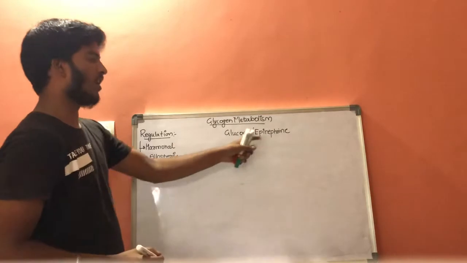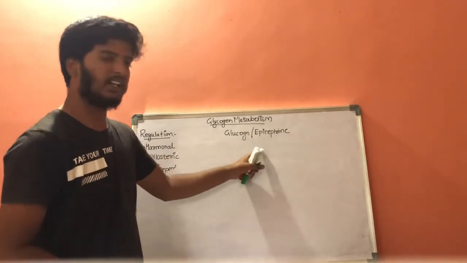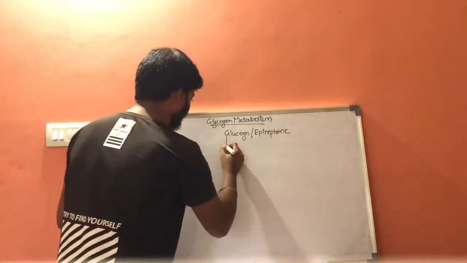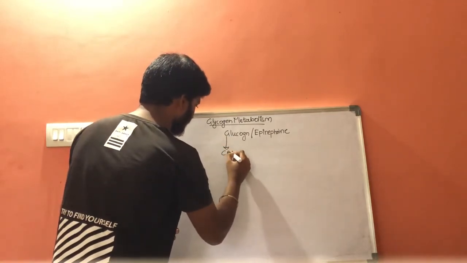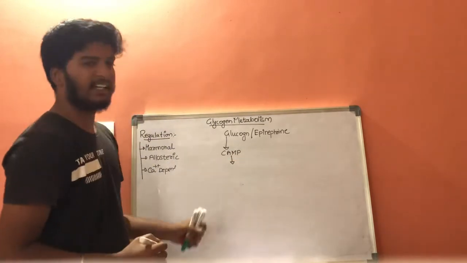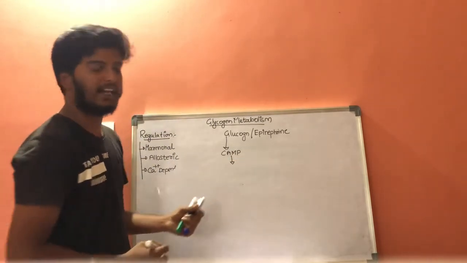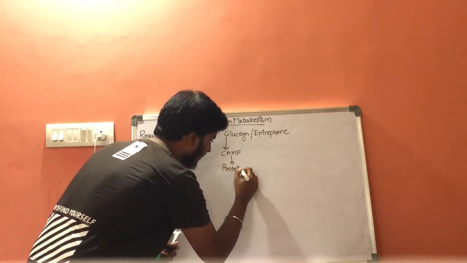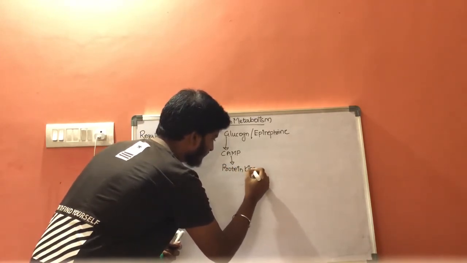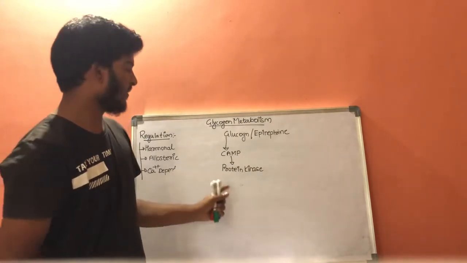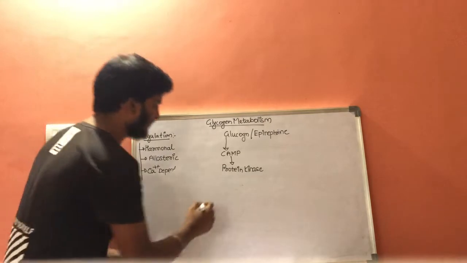Glucagon or epinephrine, combinedly or singly, will activate cyclic AMP.